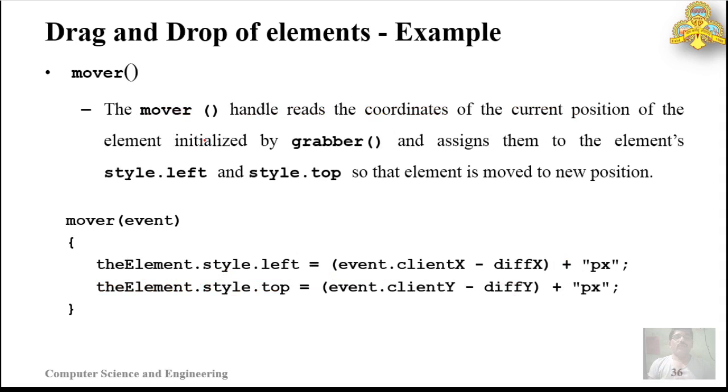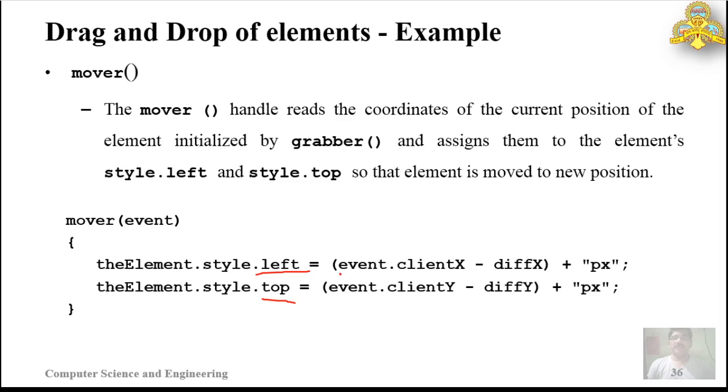The mover function is very simple. We have already seen such types of functions in our lab experiments. It takes the coordinates specified by the grabber function and assigns them to the element's left and top properties. So the element style left and top properties.